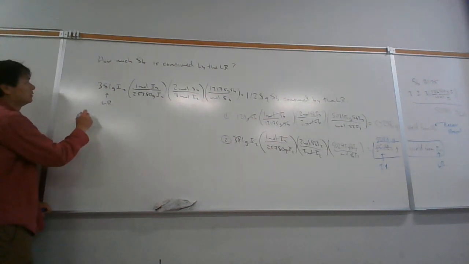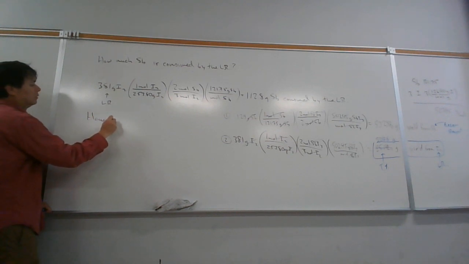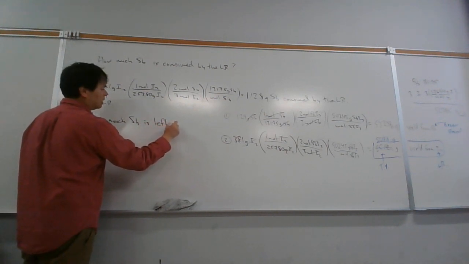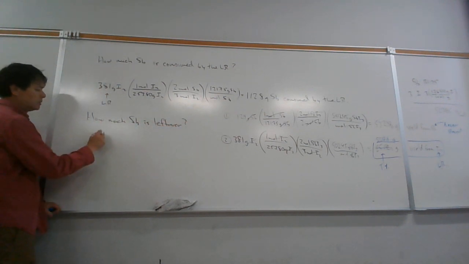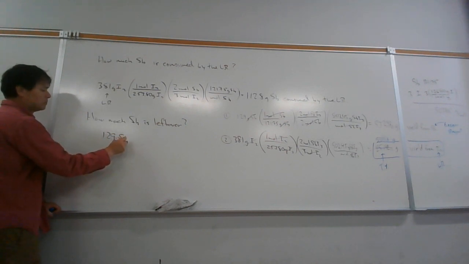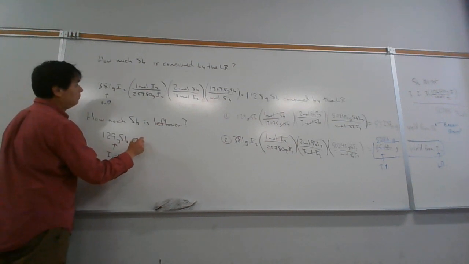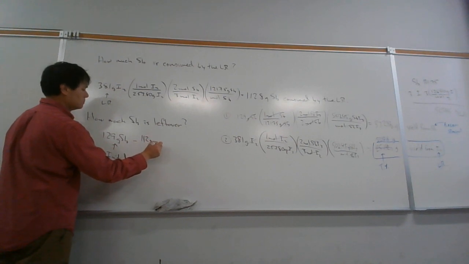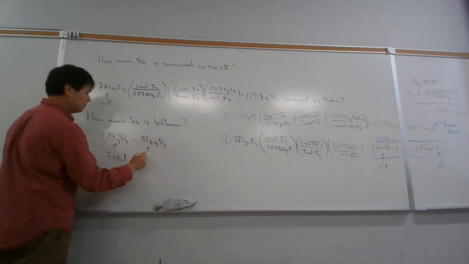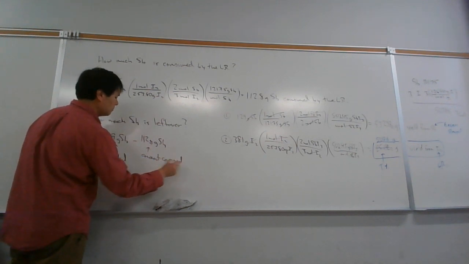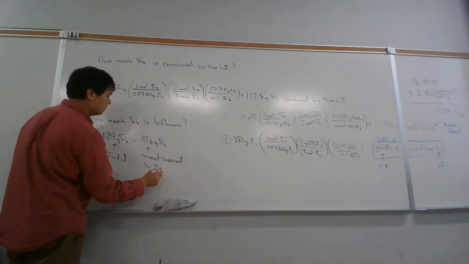So how much is left over? This leftover is the unreacted antimony. And so we take the initial minus the amount consumed by the LR. I got 121.8, not 112.8.